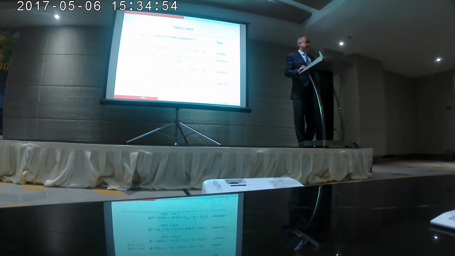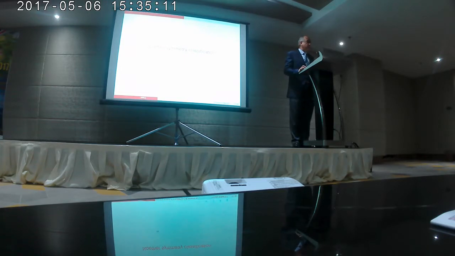In this case we have 4 extra symmetry generators. The first one is the scaling and the other 3 are inversion. So this was the Lie group classification. Now we move on to the Noether symmetry classification of the system.